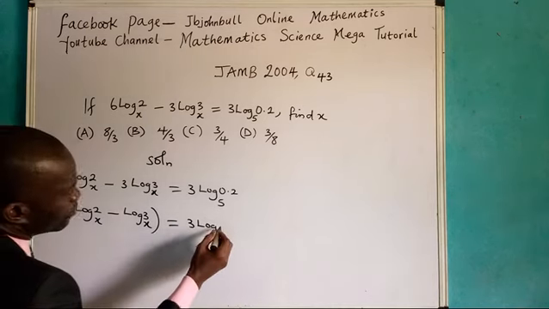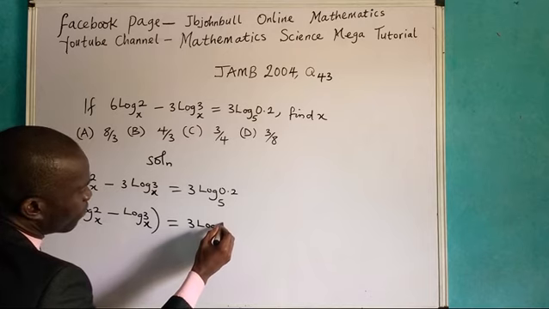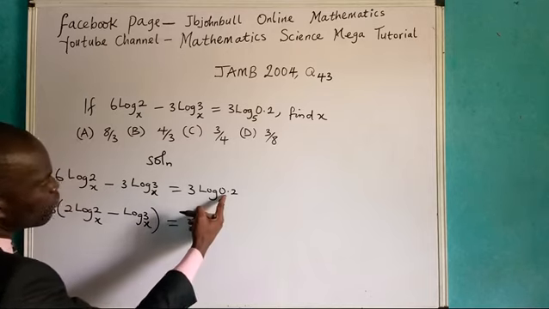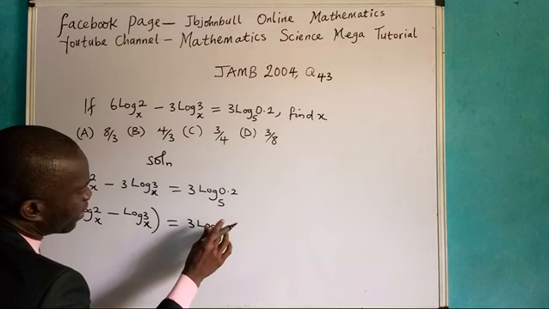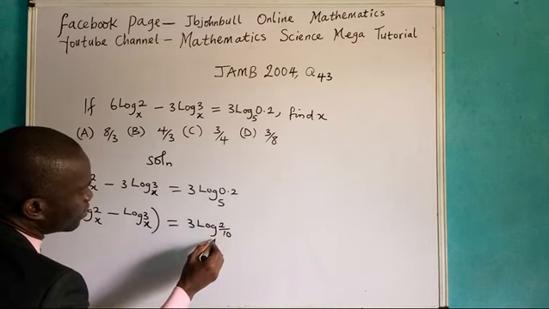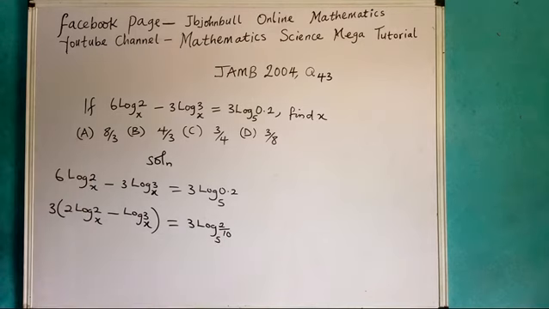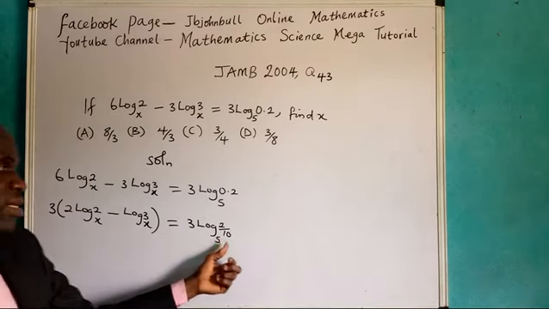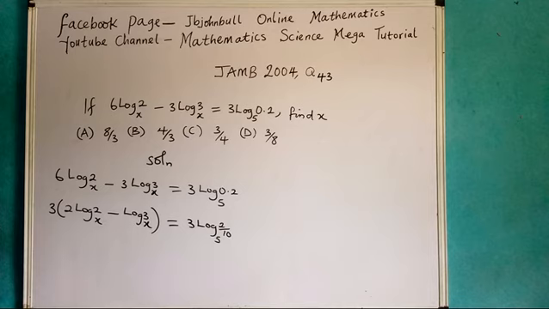And this 0.2 can also be taken as 2 over 10, still working with base 5. Remember, when you divide 2 by 10, you have 0.2.